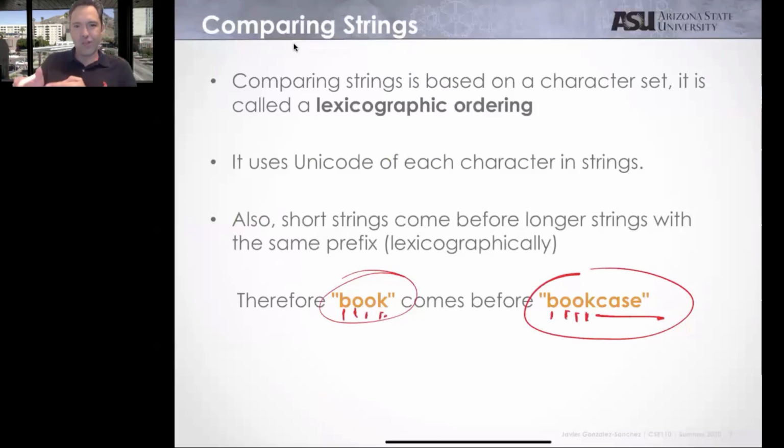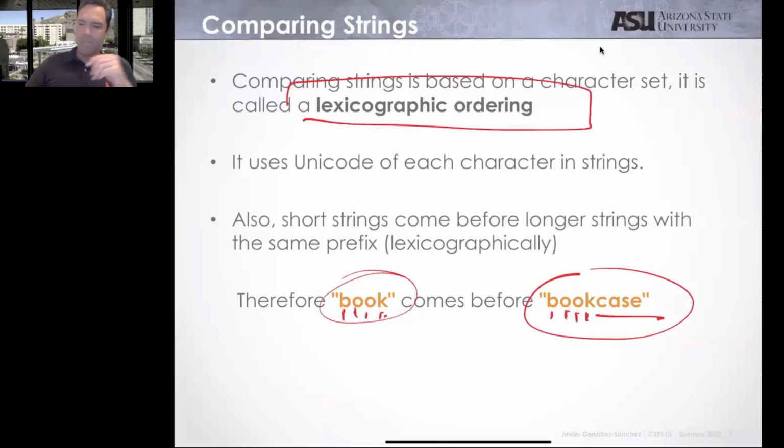If you're searching for these words in the dictionary, you know that book goes first just because of the size, right? The fancy name is lexicographic order, that is what the program does. That is what you do when you're searching for something in the dictionary. So compare character by character, and then the one that is first in the dictionary is the one that is going to be reported as the small or smallest one. That's it.